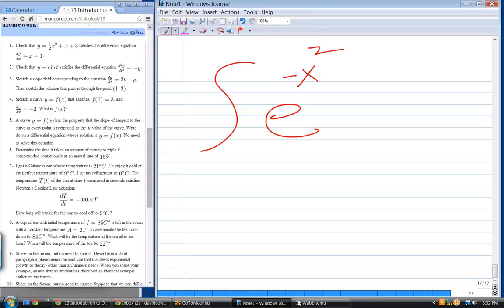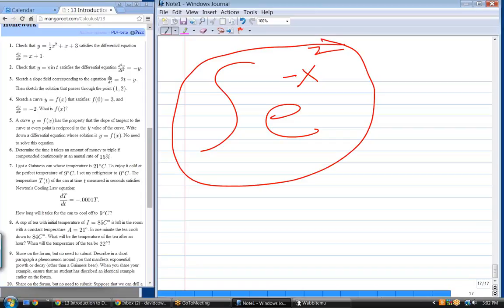There is no function in the universe whose derivative is equal to this. Okay? And in order to integrate something like that, we have to find an infinite series that approximates it, and then integrate the infinite series term by term.